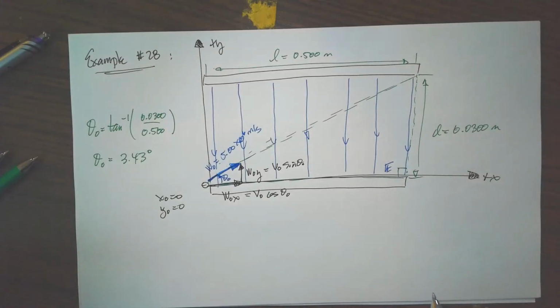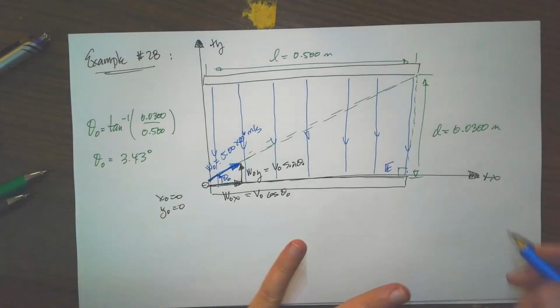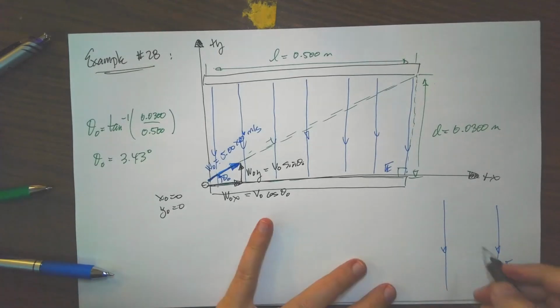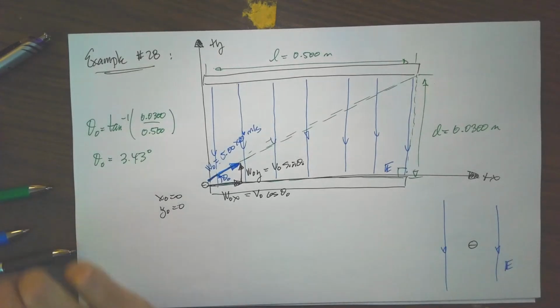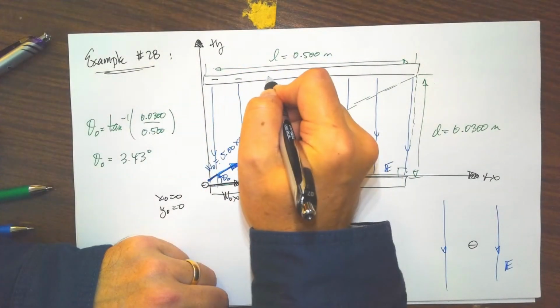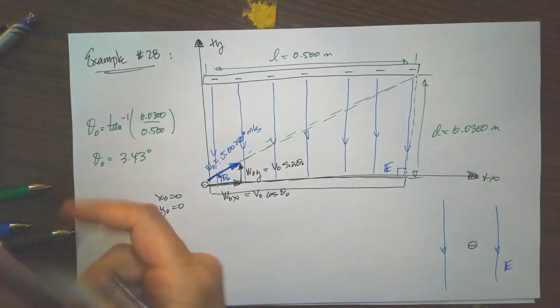And so then the idea is that once this electron is inside this electric field, like so, oh, I drew my plates wrong. These should be the negative plates. They're indicated in the diagram. This is the positive plate.